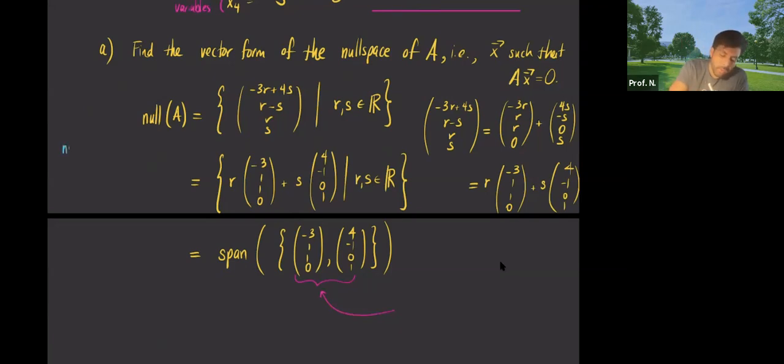The null space of A is a subspace of R4. It has two vectors that span it.